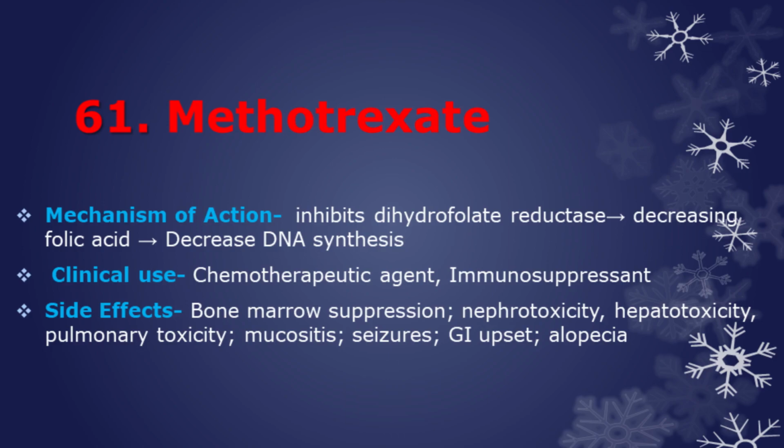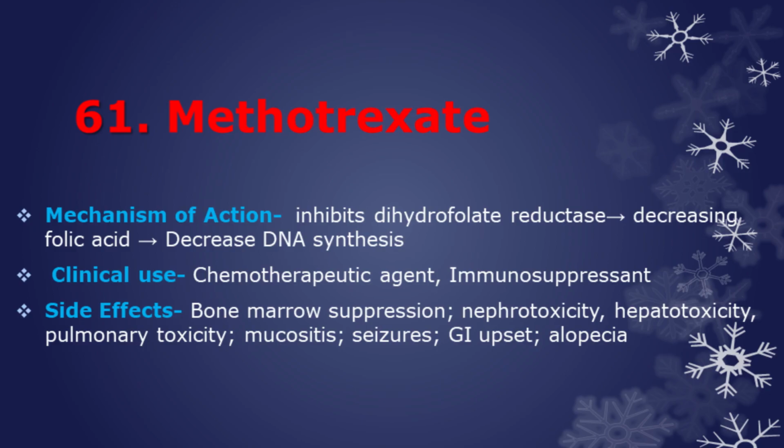It is also an immunosuppressant used to treat many autoimmune disorders, for example RA, Crohn's disease, scleroderma, psoriasis. Side effects are bone marrow suppression, nephrotoxicity, may crystallize in renal tubules, hepatotoxicity, steatosis, teratogen, pulmonary toxicity, mucositis, seizures, GI upset, alopecia.